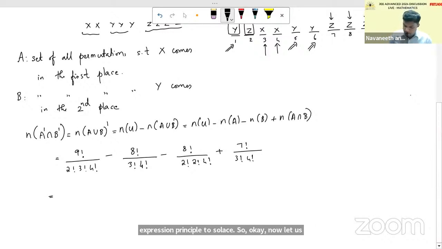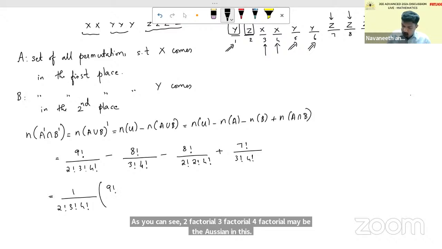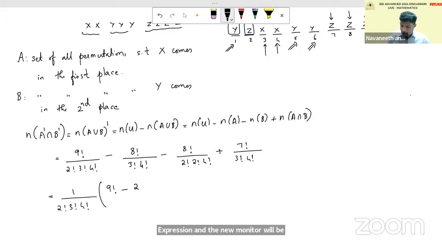For the calculations, we first have to take the LCM. The LCM, as you can see, will be 2 factorial, 3 factorial, 4 factorial in this expression. And the numerator will be 9 factorial minus 2 into 8 factorial, and then minus 3 into 8 factorial plus 2 into 7 factorial.